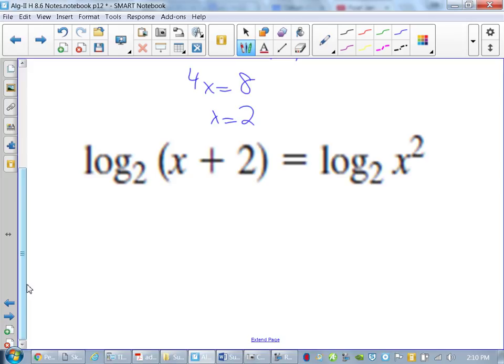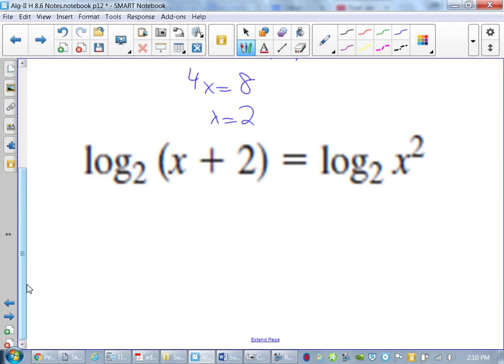So you have log base 2 of the quantity x plus 2 equals log base 2 of x squared. Now, in this case, do you have the same log base on both sides? Yes.